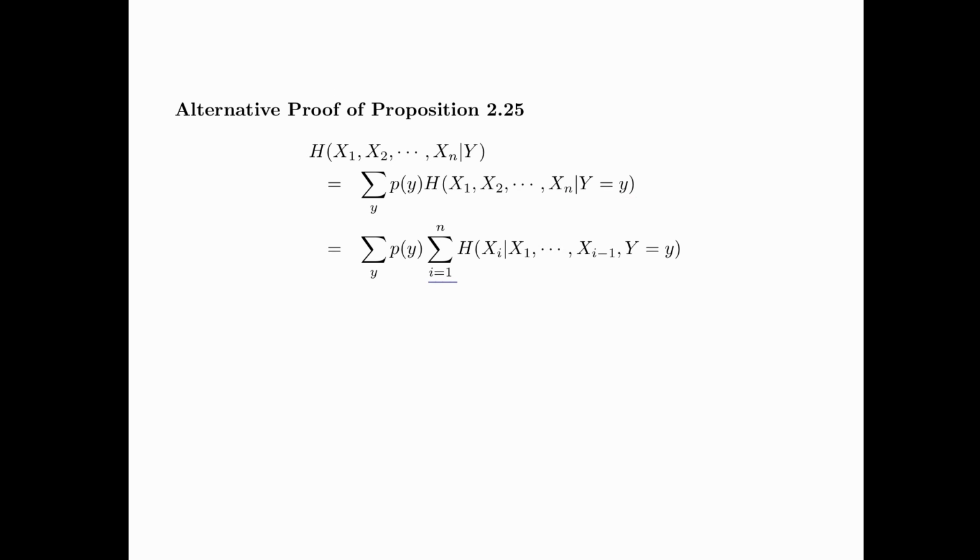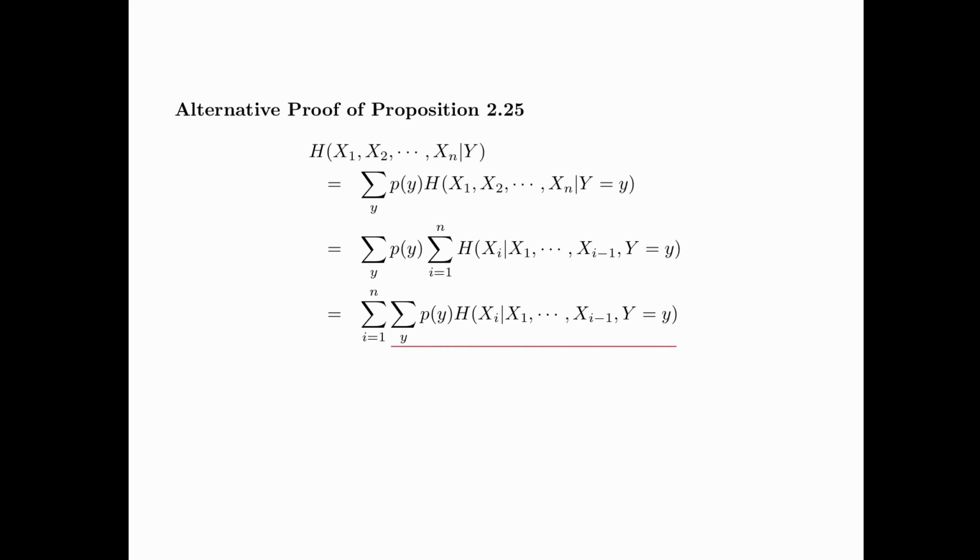Now we switch the order of the summation, which can be justified, to obtain summation i equals 1 up to n, summation over y, p(y), entropy of Xi given X1, X2 up to Xi minus 1, and a particular y.